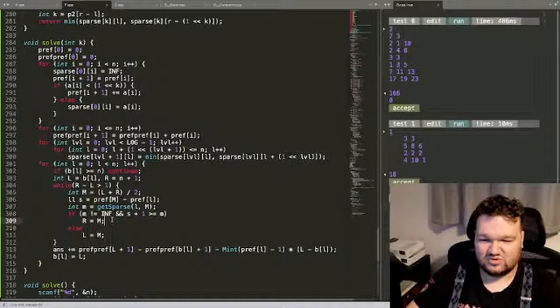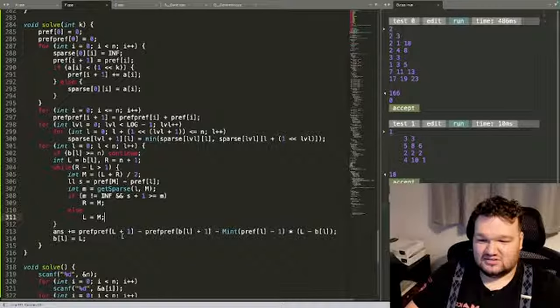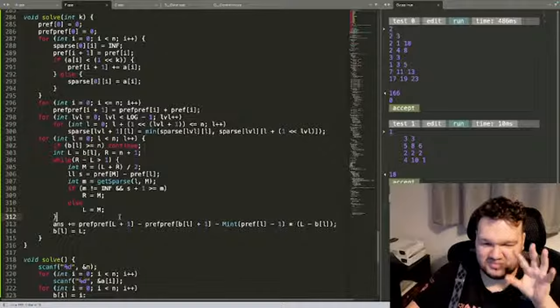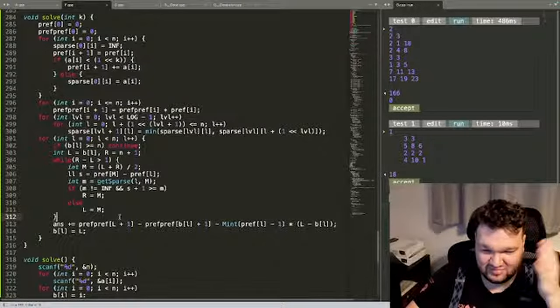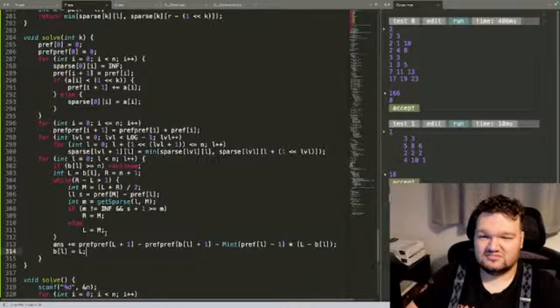So I move the right border. Otherwise, I move the left border. Okay, and now from this position to L is this group that will stop at K, and I'm calculating the answer. That's it.